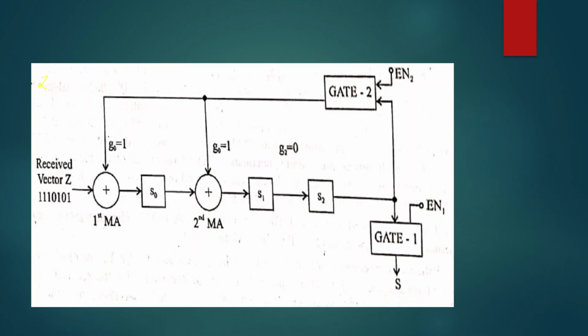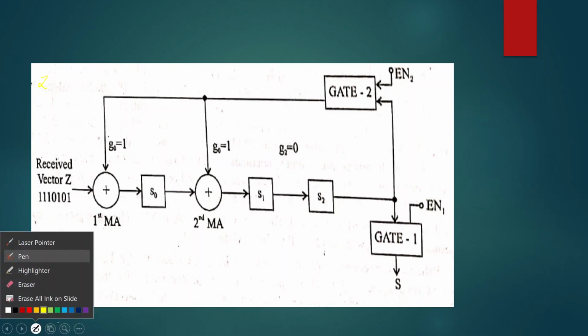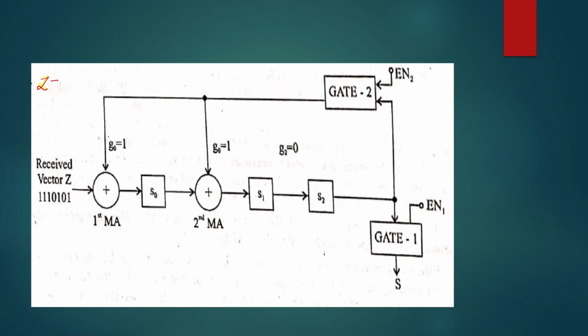That means the given vector z, 1110101, can be written as 1 plus x square plus x raised to power 4 plus x raised to 6. Out of this, the highest power of x will be sent into the shift register first, and the initial contents of the shift registers are all zeros.